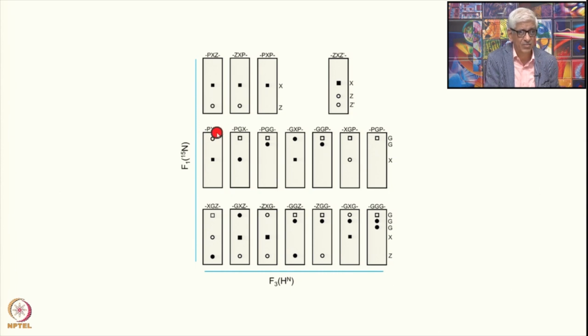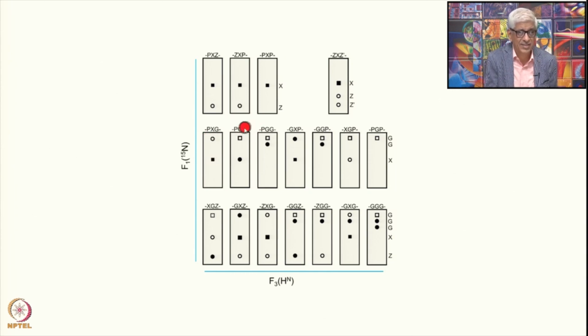Now similarly, if I have here a proline with a glycine there. The glycine has a very distinct chemical shift with regard to the N15, and those peaks will appear at the top in the N15 chemical shift. Therefore this will produce a distinct pattern, and you can immediately identify that this is the glycine. Now if the glycine is here at the end, then of course the X residue will show a peak here and the glycine sequential peak will appear here.